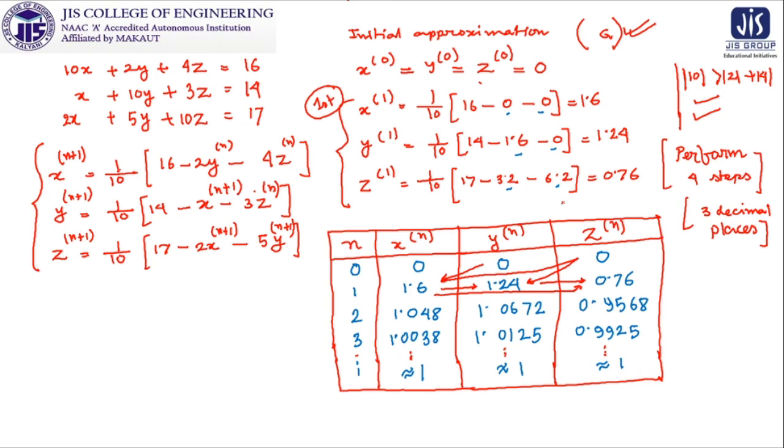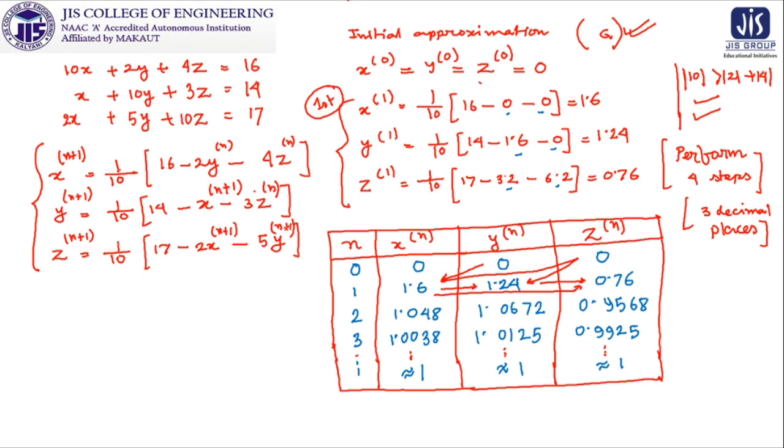And one more observation I can share with you. It is not mandatory that you always write this structure in this form. If you write the structure in the reverse manner, that means if you calculate z first, then you can use z as 17 minus 2xn minus 5yn.